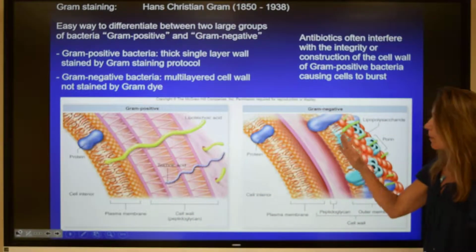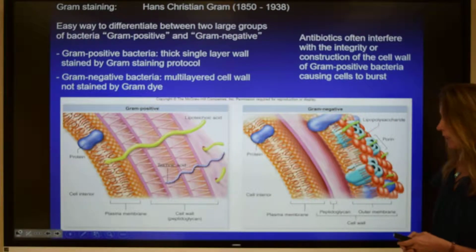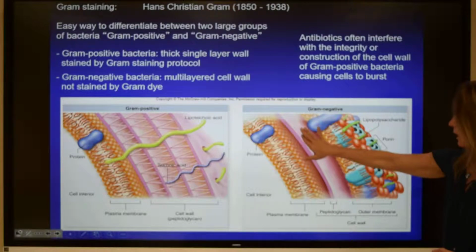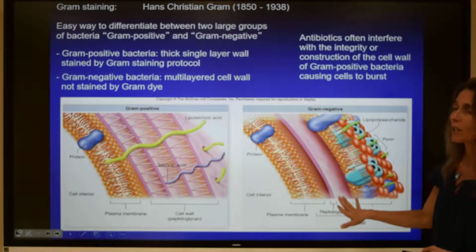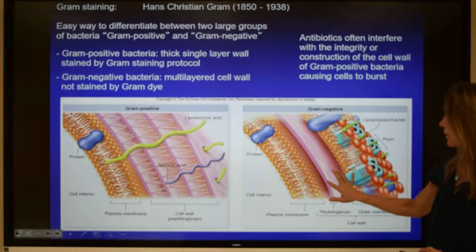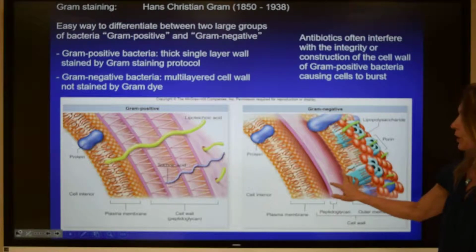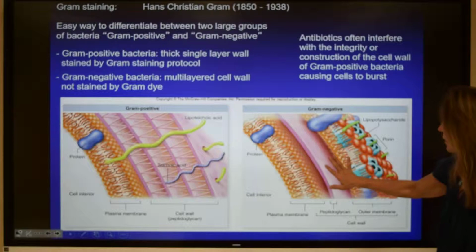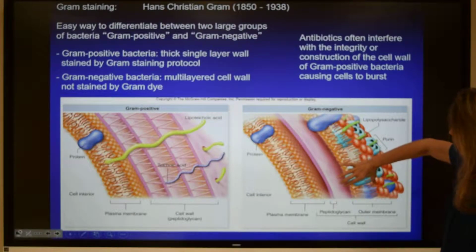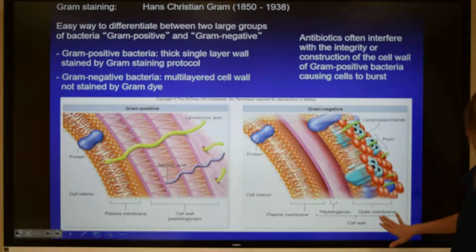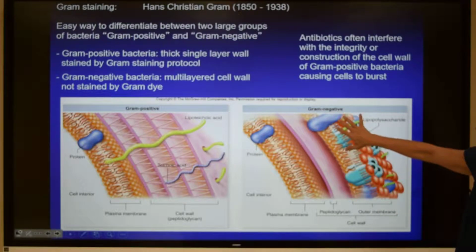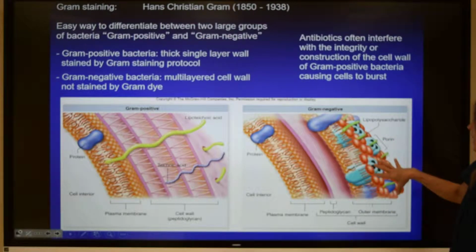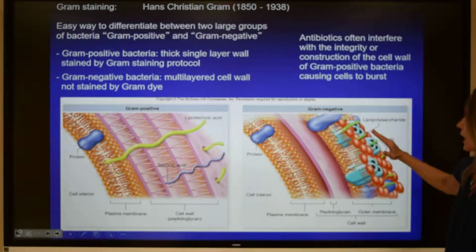Whereas the gram-negative bacteria also have their cell membrane. They also have peptidoglycan, but this peptidoglycan cell wall is much thinner and incorporated in the middle of the cell wall, so it's only one part of the cell wall. The other part of this cell wall consists of lipids and carbohydrates and proteins, and is on the outside.